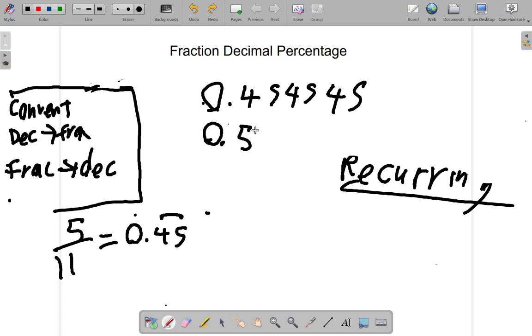If I was going to write it to 2 decimal places, 2 digits to the right of the point, I would have 0.45. I wouldn't have to worry about changing the 5 because the number that follows it is really 4, which is less than 5. Once it's less than 5, you keep this number.